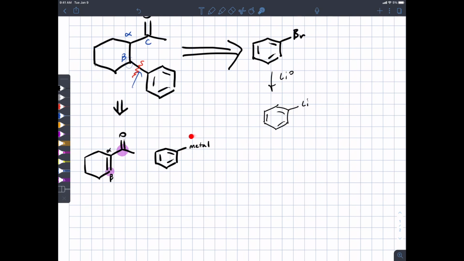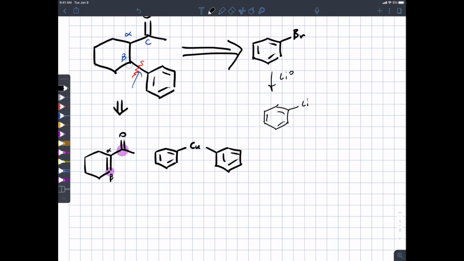So what we use here for our organometallic reagent is going to determine whether we attack here at the carbonyl carbon or here at the beta carbon. Do you remember what kind of reagent I want to use to attack at the beta carbon? Go ahead. Cuprate, right? So let's put copper here.